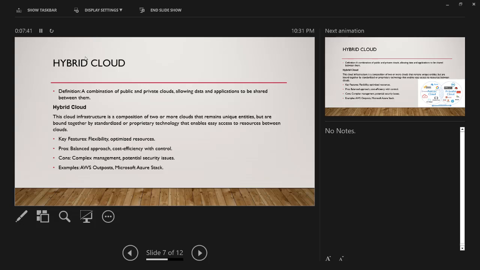But some of the disadvantages, which are the cons, is that it's complex to manage because you need some identity. You need some external users in your on-premises, you also need some Azure users, for example, if you use Microsoft, and you also need some AWS users if you use the AWS platform. So if you look at it, it's a bit complex to go around. Some of the examples are AWS Outposts and Microsoft Azure Stack. These are some of the examples of the hybrid cloud system.